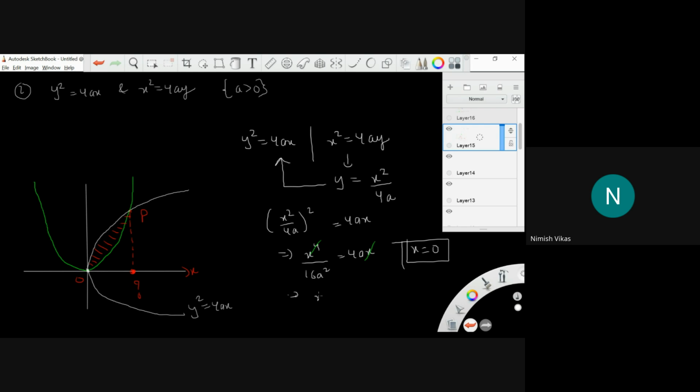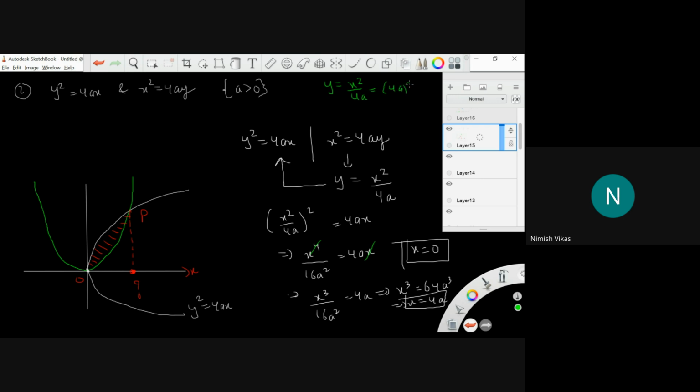The remaining part, x cube upon 16a square is equal to 4a. So here, x cube is 64a cube. So what is x? It is 4a. Just take the cube root. So x is 4a, and y was x square upon 4a.